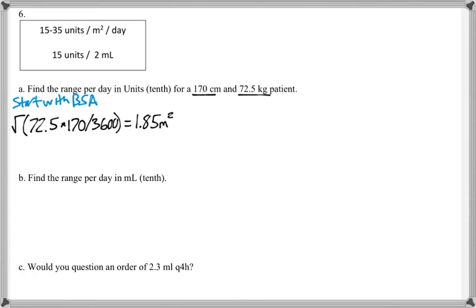My next step is I want to look on the label for the range that has the per m squared. So that is right here. We see that it has the per m squared, so I want to match that with my m squared and put that into a proportion.